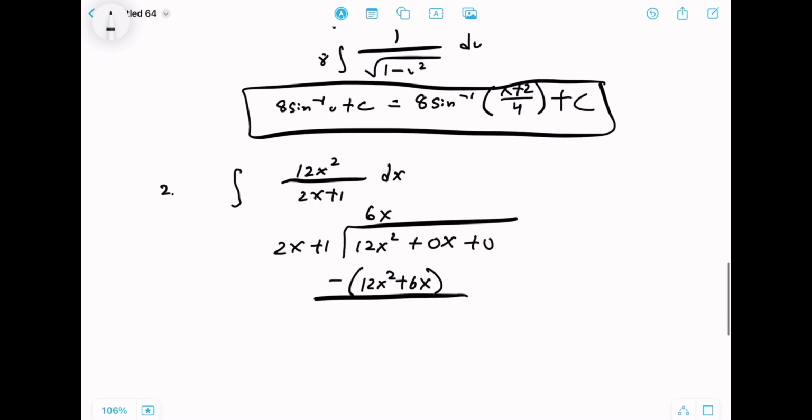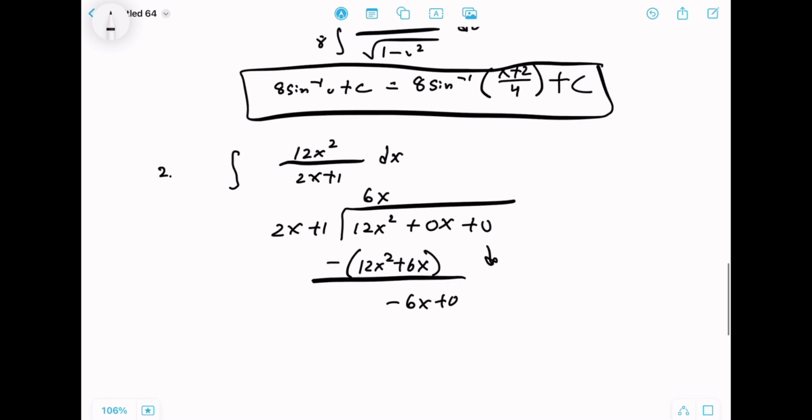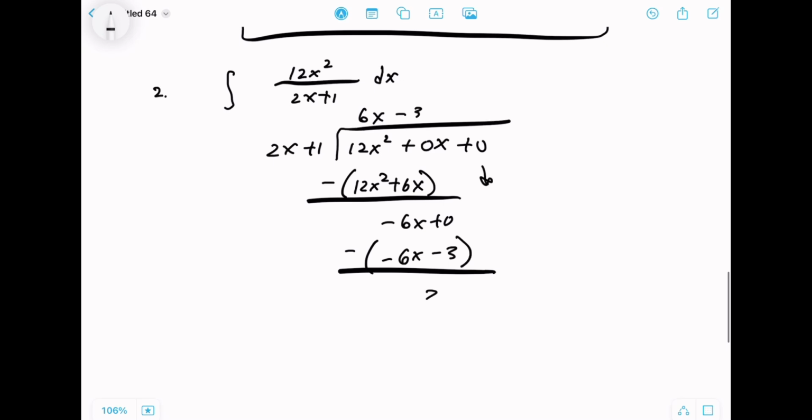Now when I subtract this, this is going to be negative 6x, and I bring down a 0, so plus 0. Now I say, all right, what do I have to multiply by 2x to get negative 6x? That's going to be minus 3. So I do minus negative 6x minus 3, and I get 3 as my remainder.